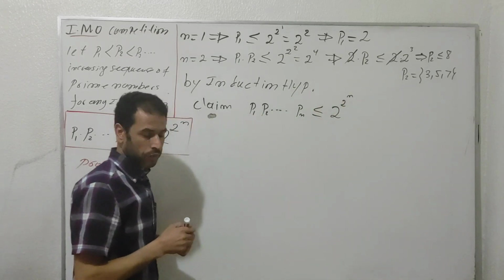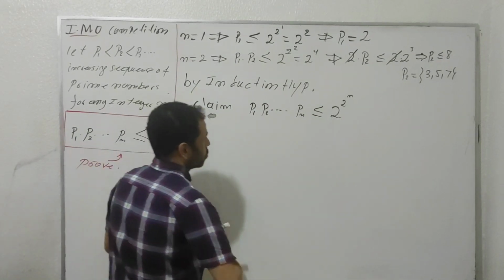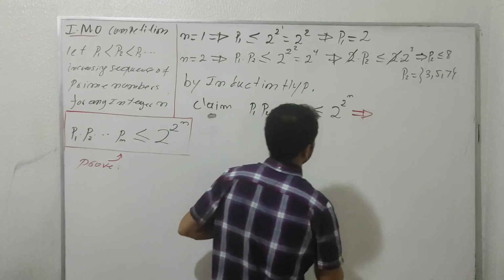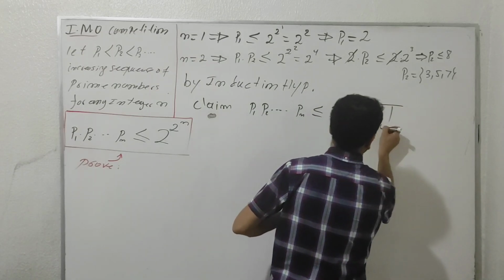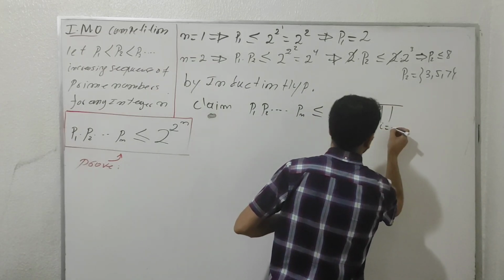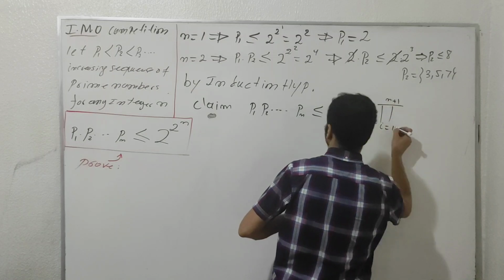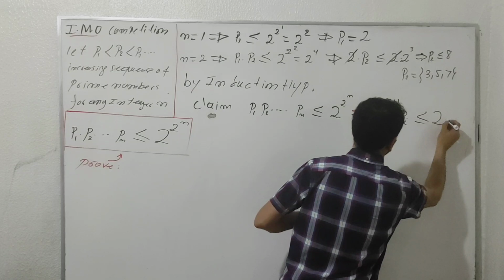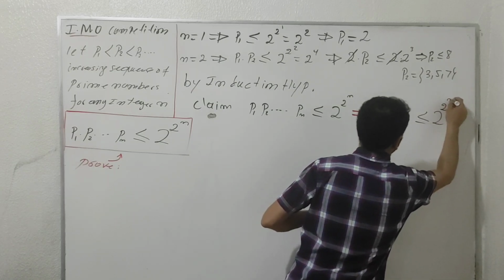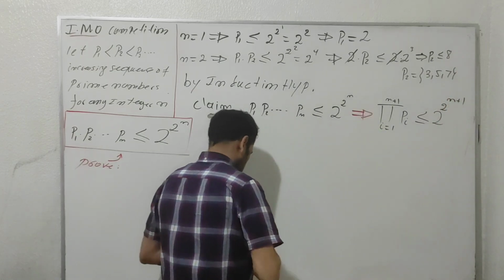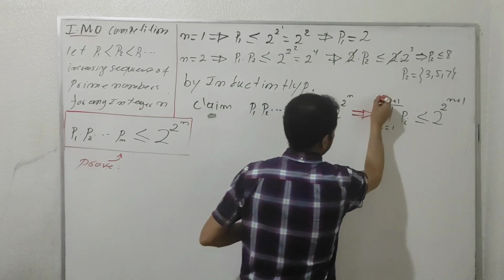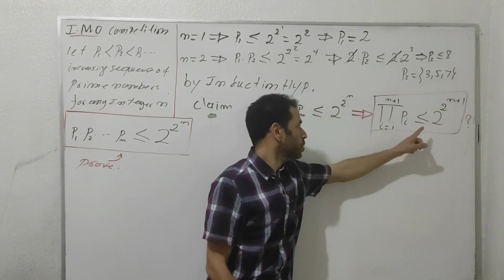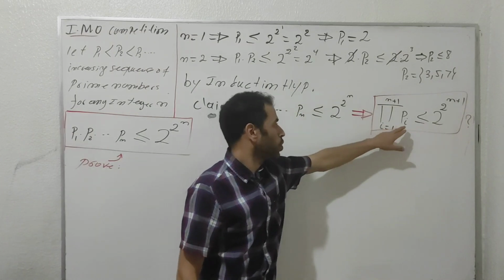Our goal is to prove that this product, as i runs from 1 to n plus 1, of Pi is less than or equal to 2 to the 2 to the n plus 1. This is our main goal. If we prove this one, we are done with the whole thing.